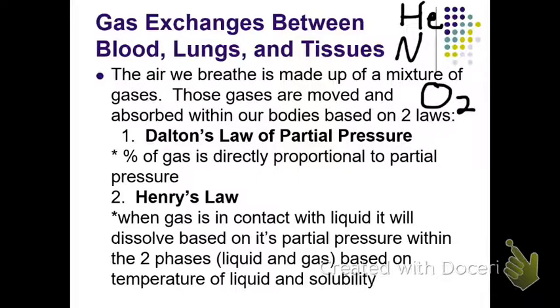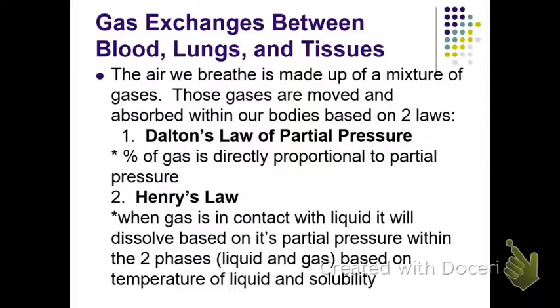And so we need to figure out the millimeters of mercury for all of those partial pressures of the different gases. And we can use Dalton's law by taking the percentage of the gas and the total pressure of air to find the partial pressure of oxygen in millimeters of mercury.